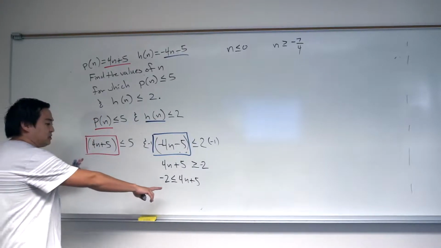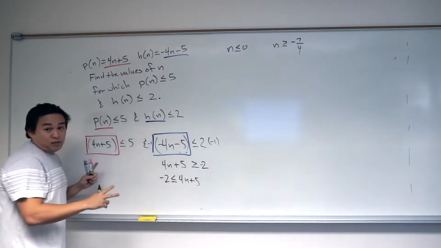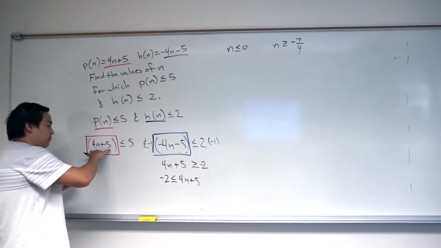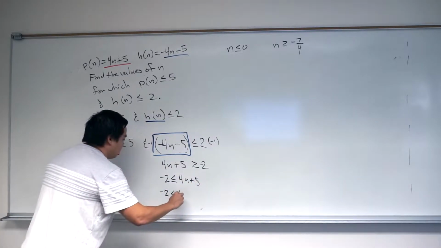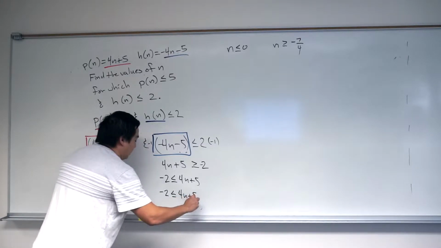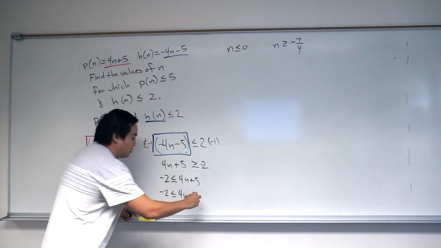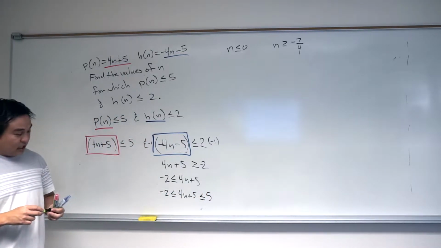But we have these two. And this is the same as the one on the right-hand side over there. So what I could do is bring this over. And we know 4n plus 5 is less than or equal to 5 as well. So we get that inequality.